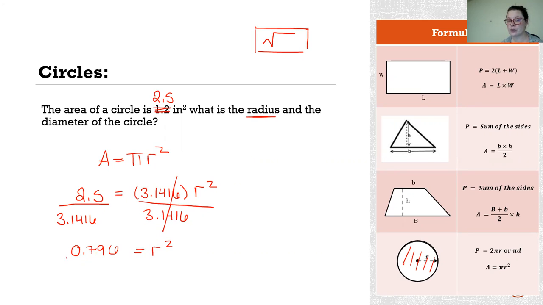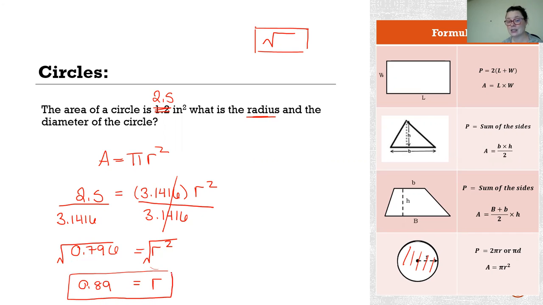What we need to do is the square root on both sides. Now, when we take a square root of r squared, it leaves us with just r. And then we take the square root of the number. It's going to give us a decimal. And the square root of 0.796 is 0.89.